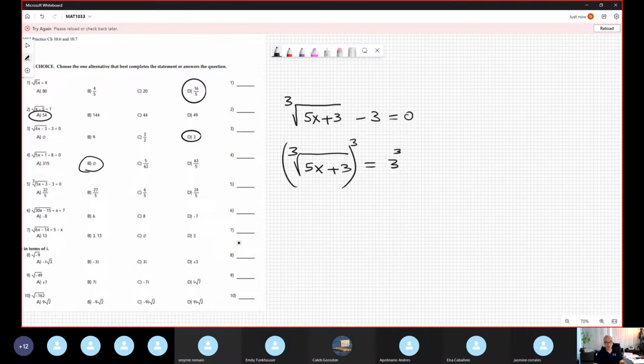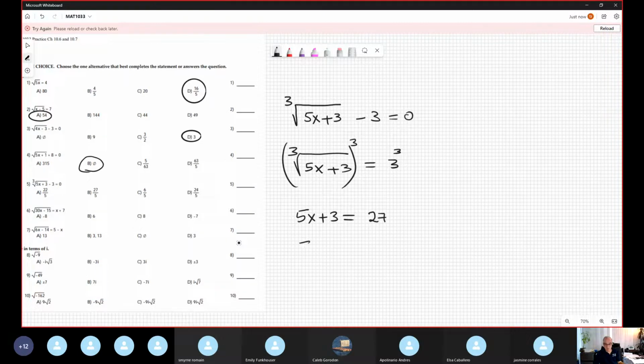If it's cubic, 3. If it's fourth root, 4 power. If it's square root, it's 2, which is the most popular. And we have 5x plus 3 because the cubic root and the cubic power cancel out each other. And here we have 27 because it's 3 times 3 times 3, right?